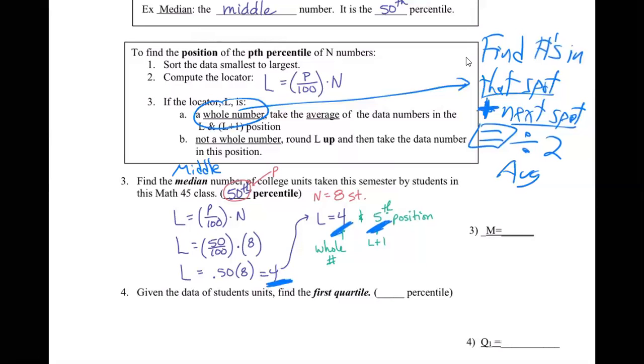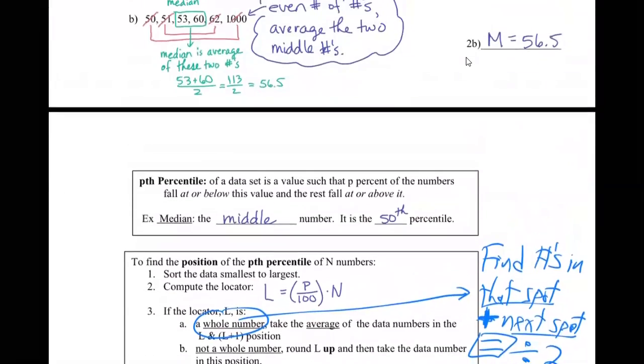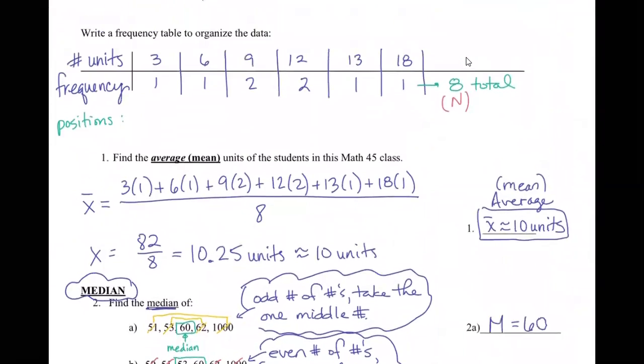So that's what we're going to go do. Is that making sense? I'm going to go find the 4th and 5th numbers in the data set. Let's go back to the data set now.